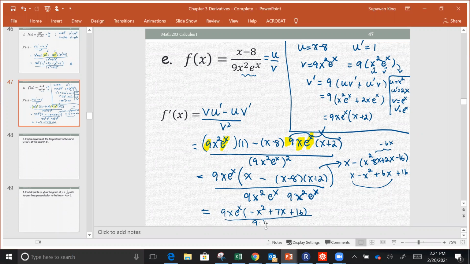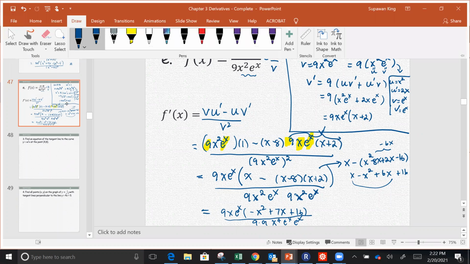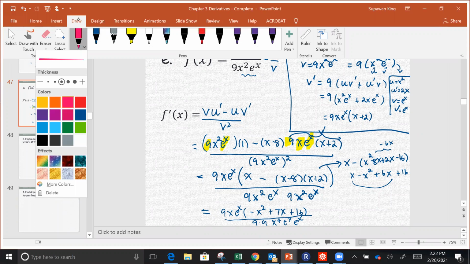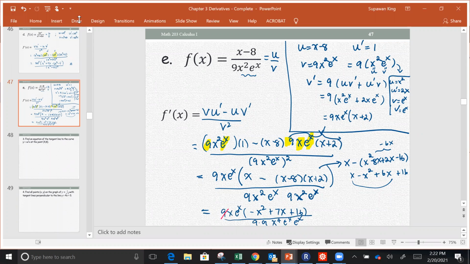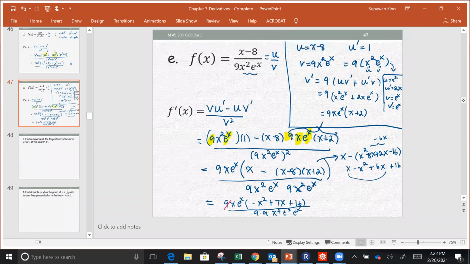9 times 9 x to the fourth e to the x e to the x. And you can see we can cross out the common factor, 9 and 9. x and x to the fourth now become x to the third. e to the x, e to the x.